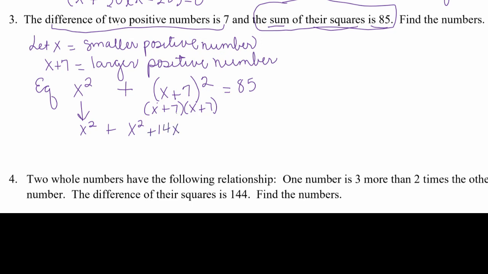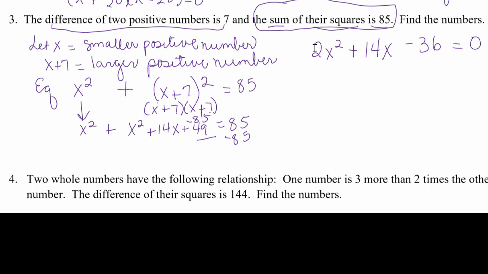And the last give us 49, and that's going to equal 85. Then we're going to add like terms and get a 0 on one side. So add these two x squares and we get 2x squared plus 14x, and then we have negative 85 plus 49, which is negative 36, and that equals 0.